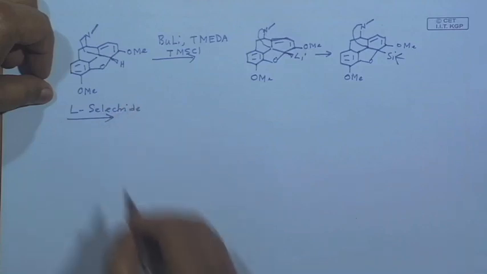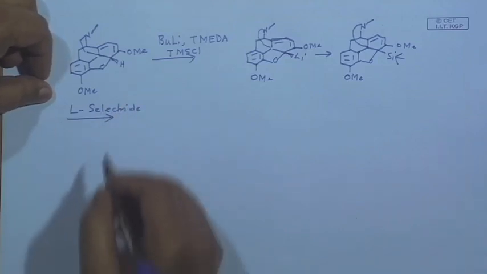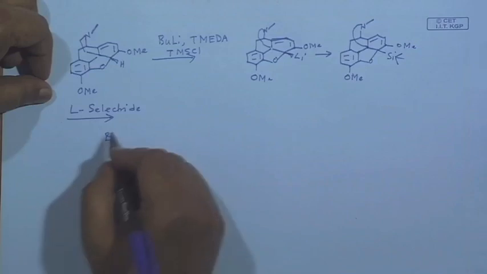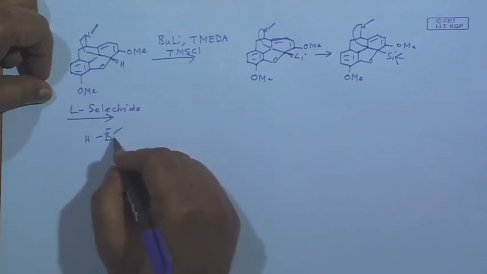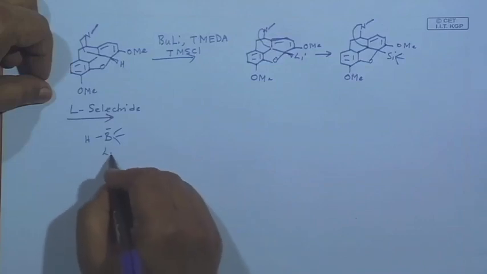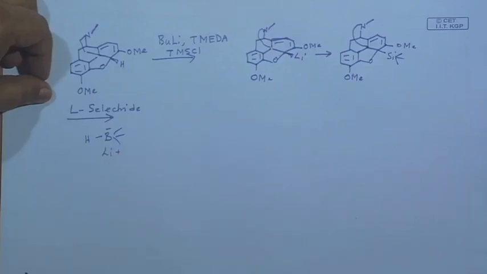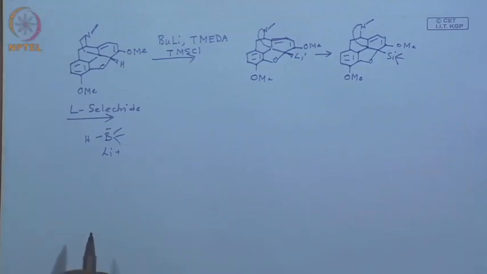I think I will not write the structure. What is it? It is a boron hydride. You have several groups, and then the counter ion is lithium, and it is named so because of its reactivity pattern. The name implies it is somewhat selective.